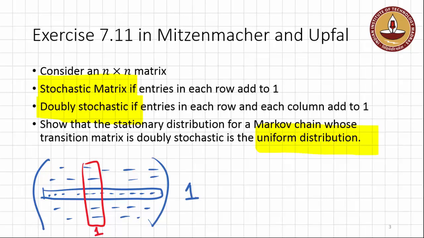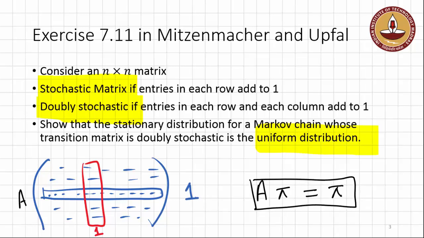If this is the transition matrix, say the transition matrix A, then for a stationary distribution, say pi, A times pi should equal pi itself. So this is the requirement for the stationary distribution. So what we need to show is that the uniform distribution is in fact the stationary distribution.